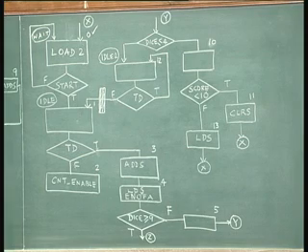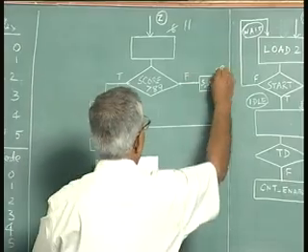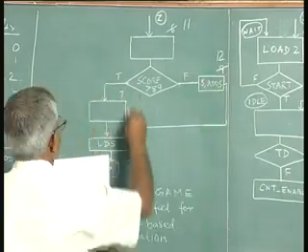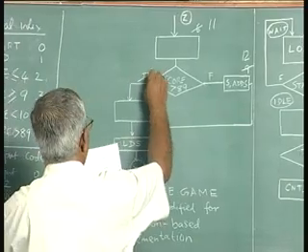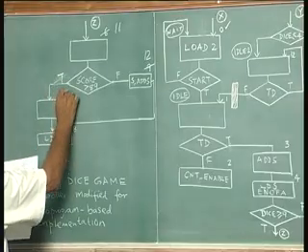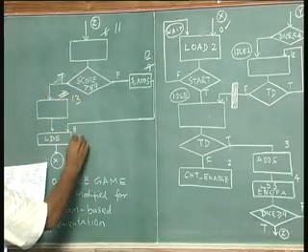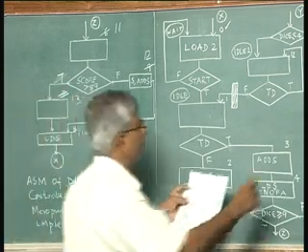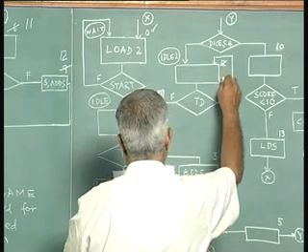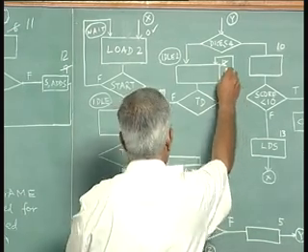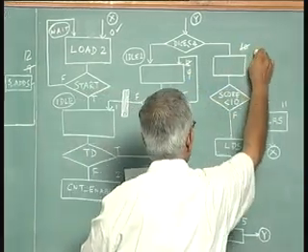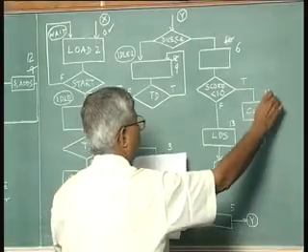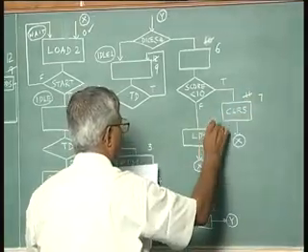This will become 6, will become now 11, this will become 12, this will become 13, this will become 14, this will become 9, this will become 6, this will become 7, it will become 8.